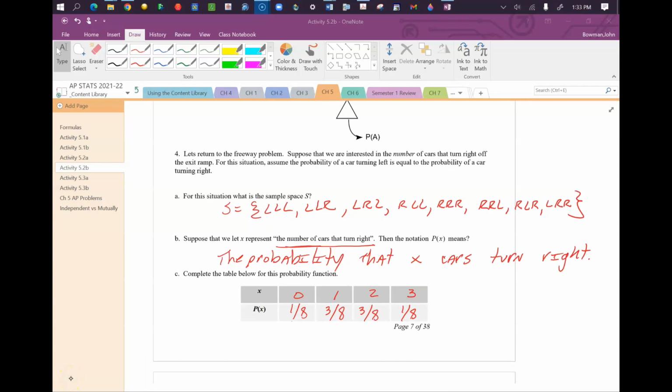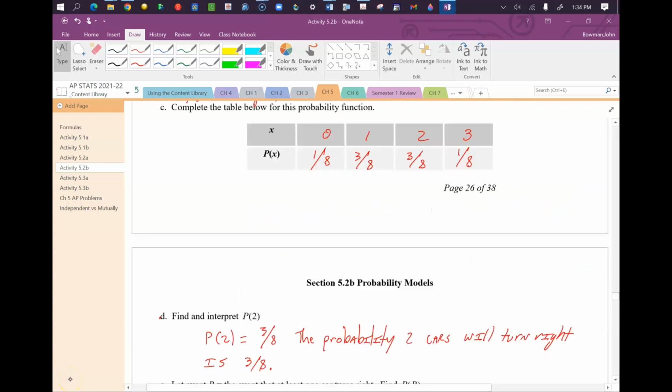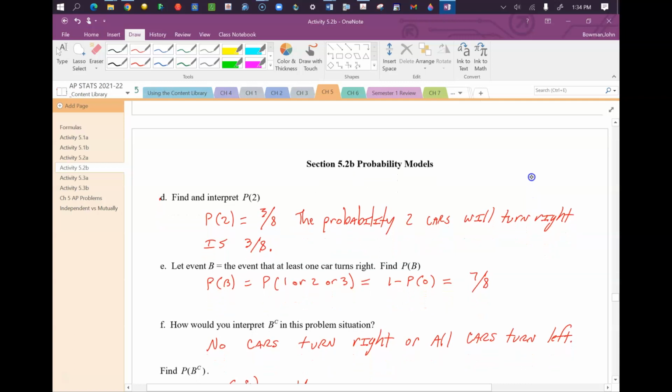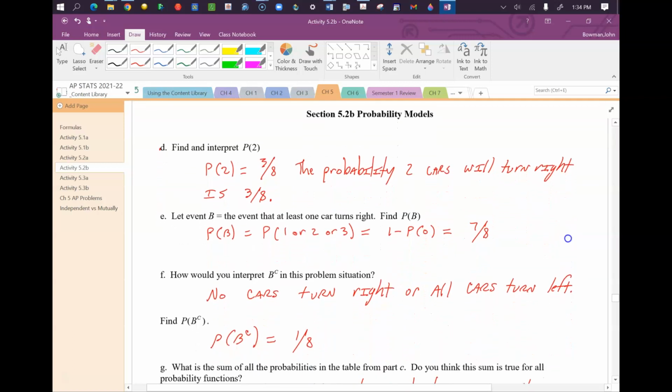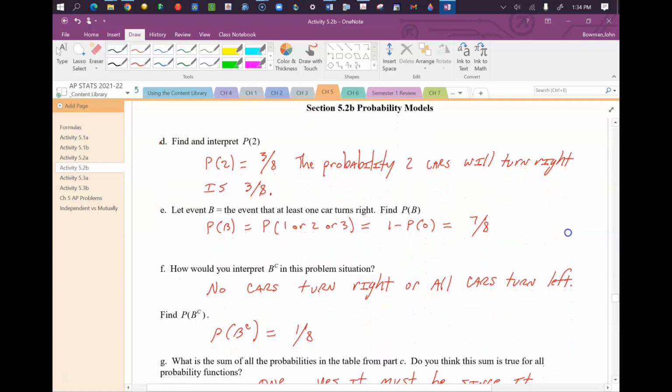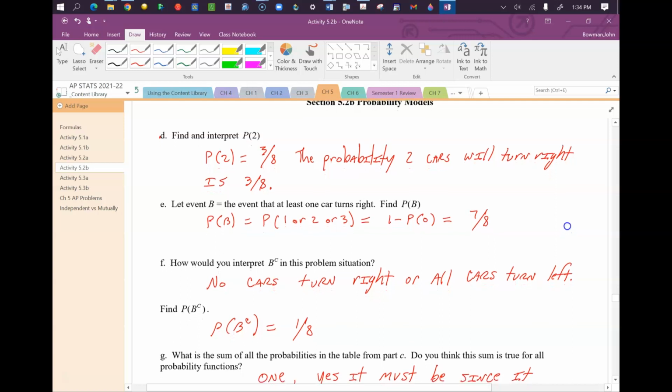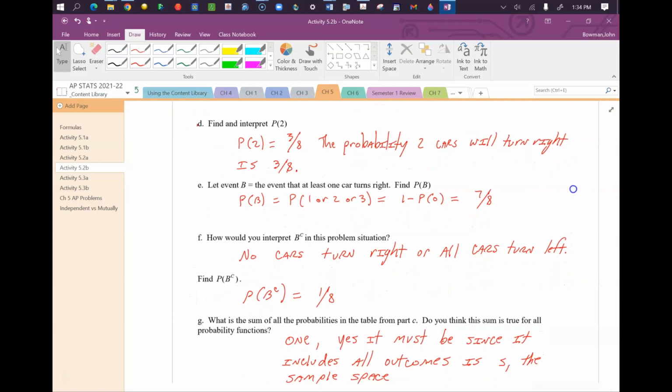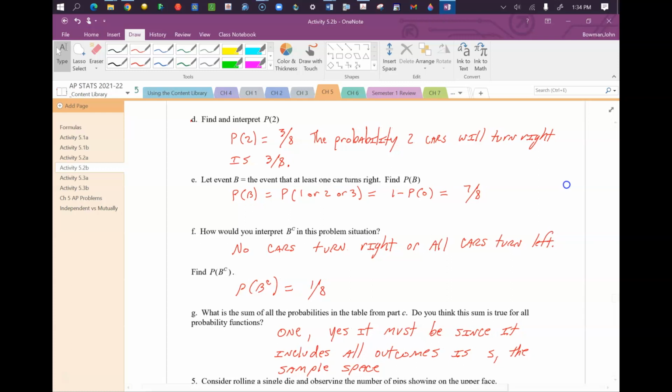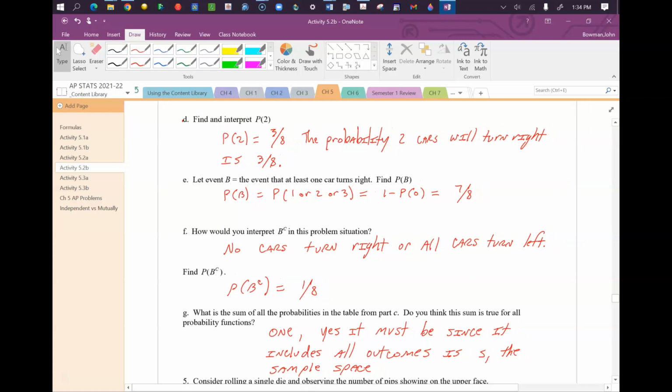At this point, what I would like you to do is pause the video, finish the rest of question 4, and do all of question 5, and then play the video to check your answers. Let's take a look at the solutions for the rest of question 4 and number 5. So here are the solutions for the rest of question number 4. I'll leave that there for a moment so you can take a look at that.